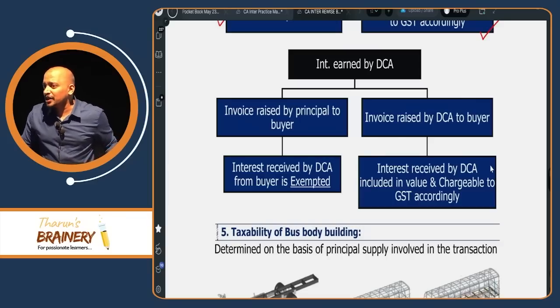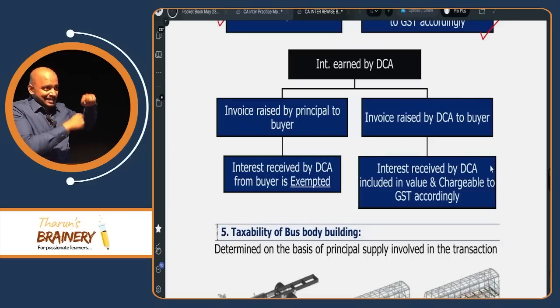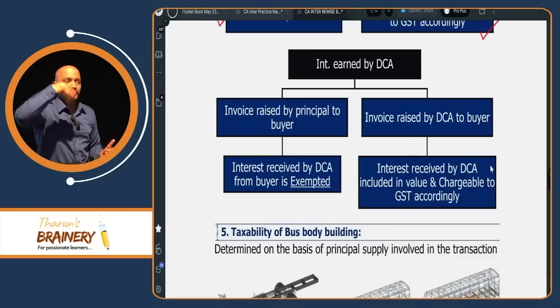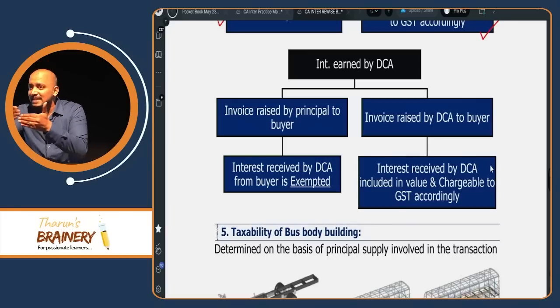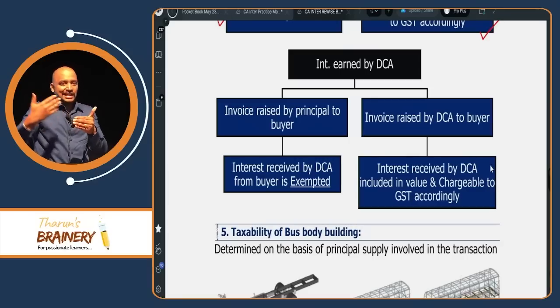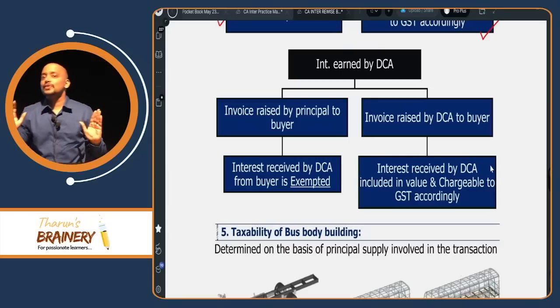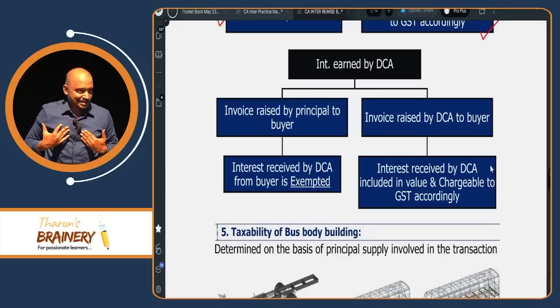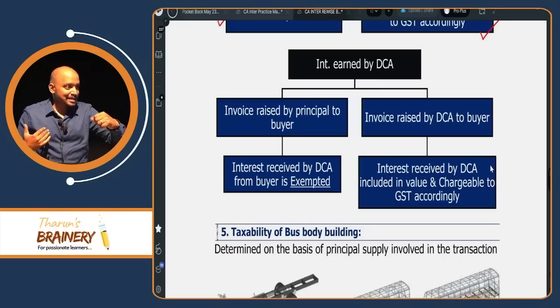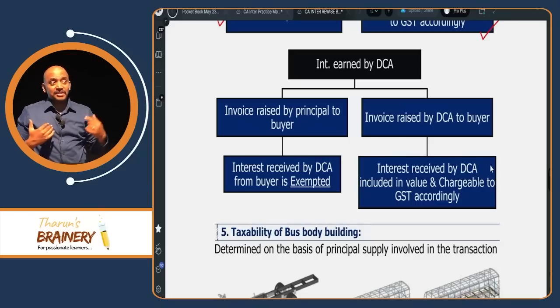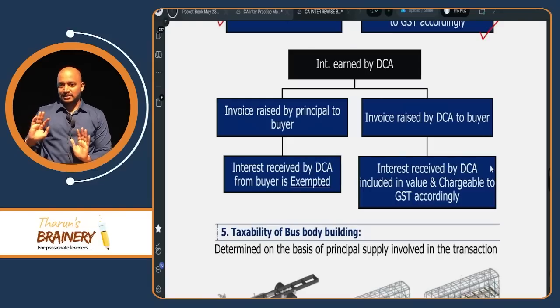First the del credere agent makes the payment and thereafter gets money from the buyer, which means some credit period is given. For that credit period, the del credere agent will collect some interest. Understood the situation? The del credere agent received the goods from the principal and sold the goods to the buyer, first made the payment to the principal, and later collected money from the buyer along with interest.